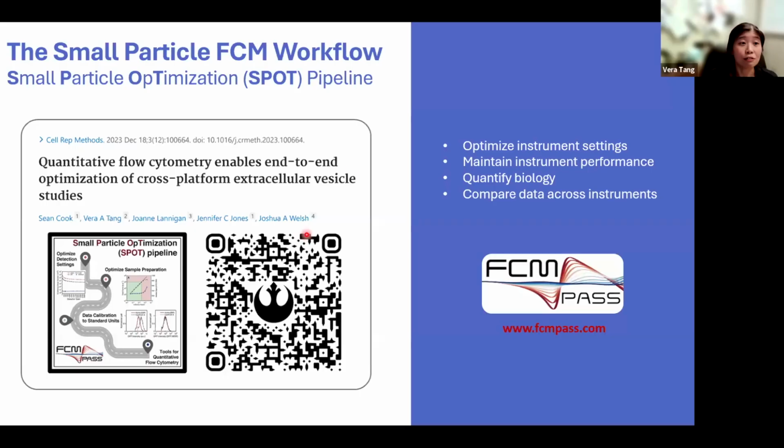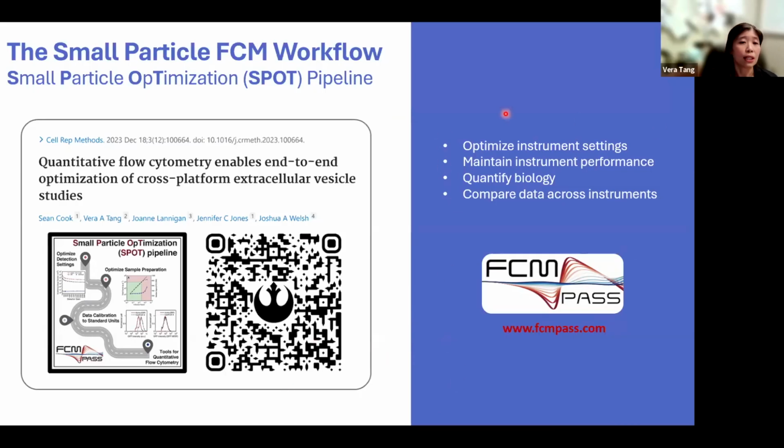So here we have the workflow. The workflow utilizes software called FCM Pass. FCM Pass is currently free to use for academics, so please go check it out, download it, play with it, and see what you think. With the use of this software, you are able to implement our workflow, which we've documented in this paper, and the QR code to the paper is right here.